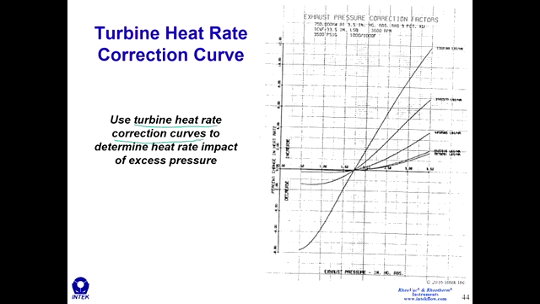Now the curve may be a little bit different. It may be a power generation correction curve, or a change in heat rate correction curve. But essentially what you'll have is the condenser pressure on the x-axis, and on the y-axis either a percent change or megawatt change. And then you'll have these different curves here. Each curve corresponds to a different main steam flow through the turbine.